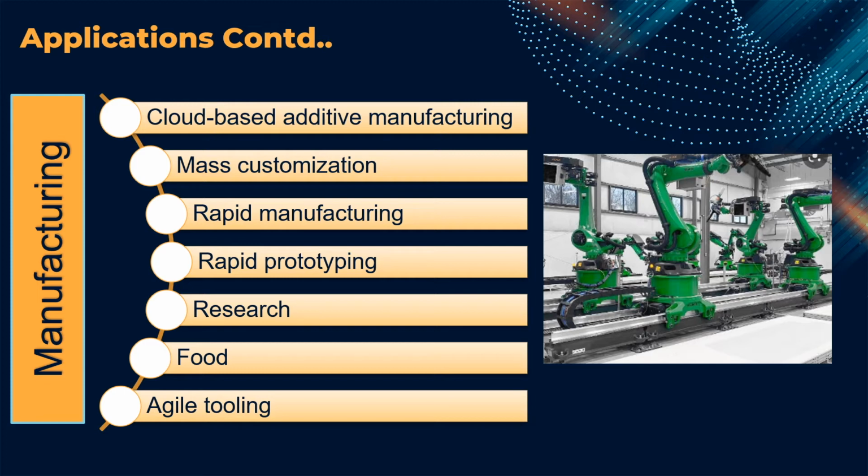And the last part is agile tooling, a process of using modular means to design tooling that is produced by additive manufacturing or 3D printing methods to enable quick prototyping and responses to tooling and fixture needs. Agile tooling uses cost-effective and high-quality methods to quickly respond to customer and market needs.